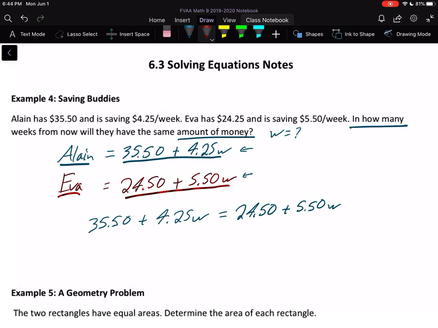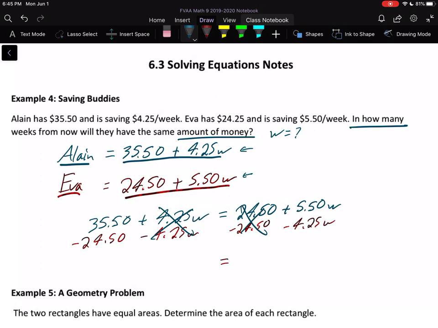So I'm going to subtract 4.25W on both sides, and that cancels that out. Because I have my variables on the right-hand side, I want my constants on the left-hand side, so I'm going to subtract $24.50 on both sides.